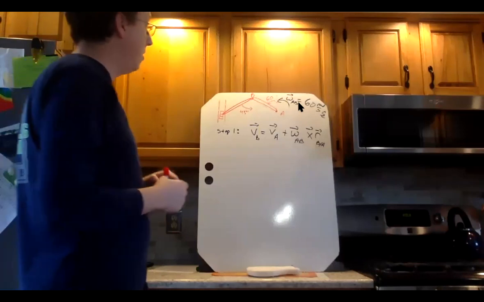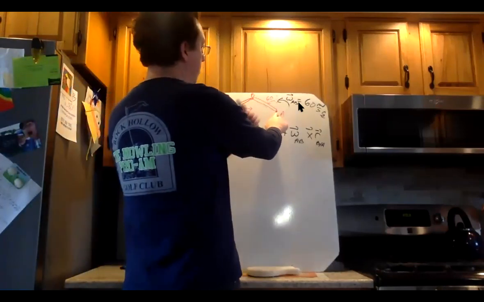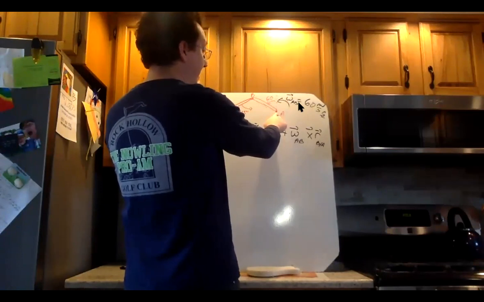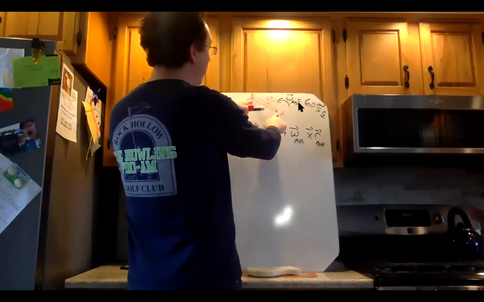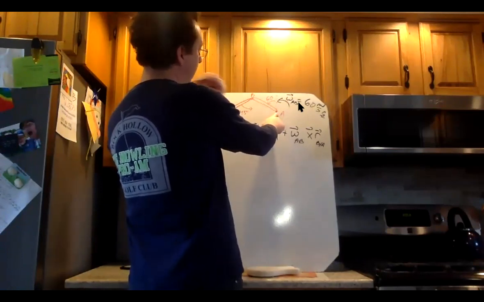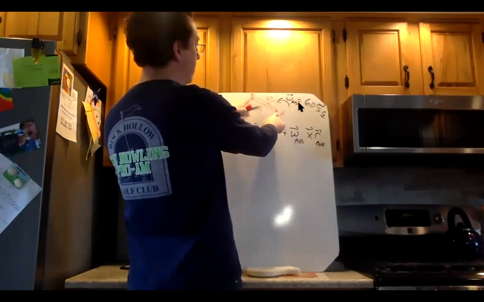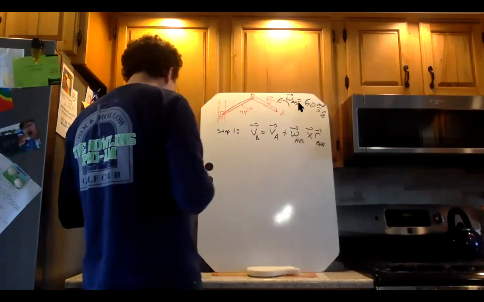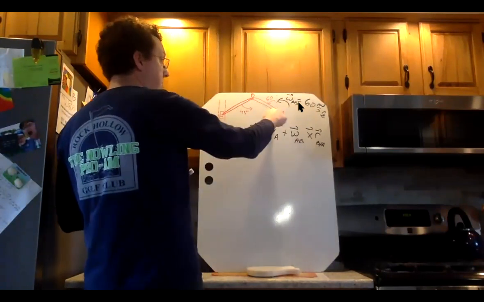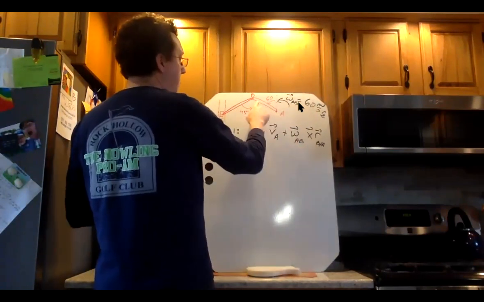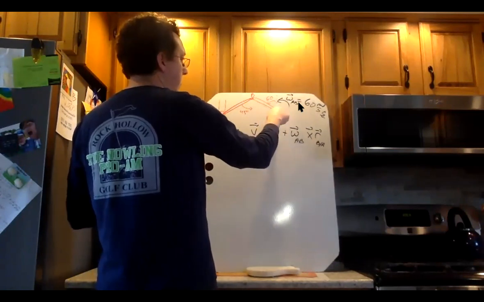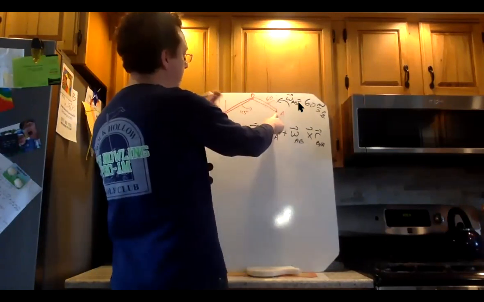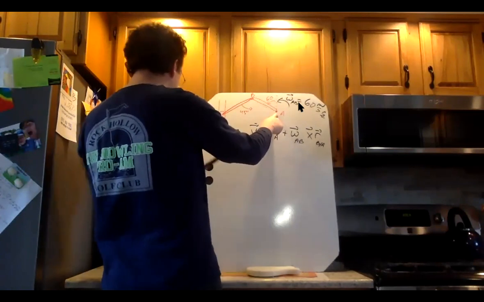If I'm standing here, is it moving to the left or to the right? Well, point B is to the left, so it's going to be negative in the X direction, but it's vertically upwards, so it's going to be positive in the Y direction. Because you're finding the position of B relative to A, if I'm standing at A, I see that it's in the negative X direction and positive Y direction.